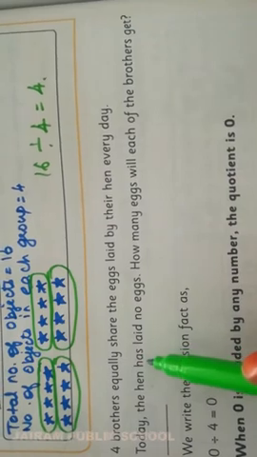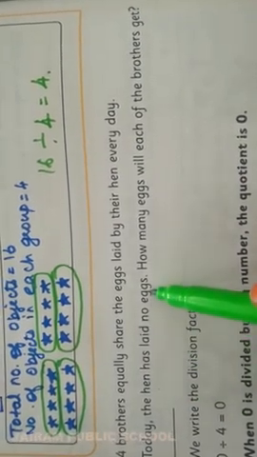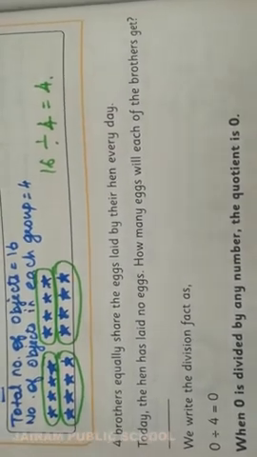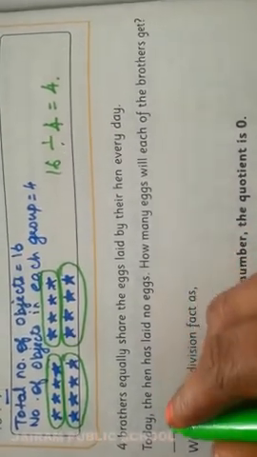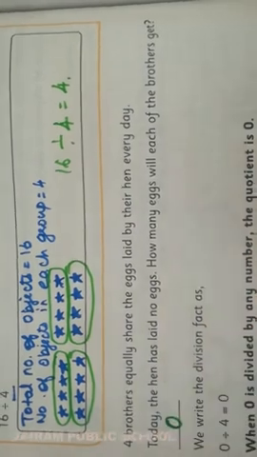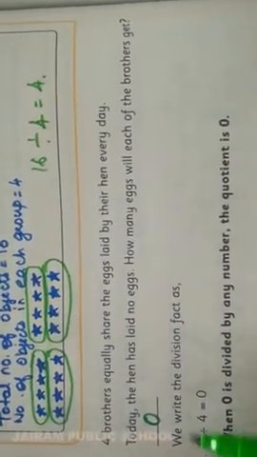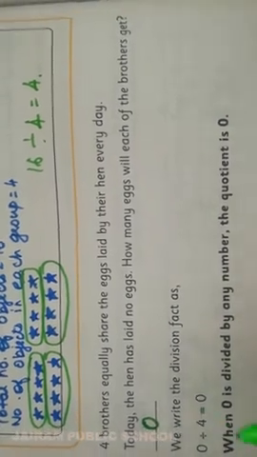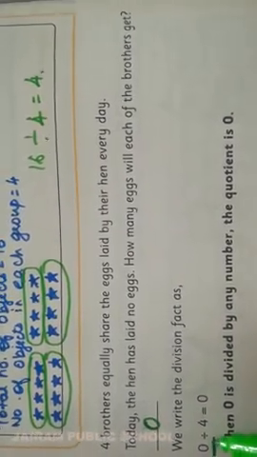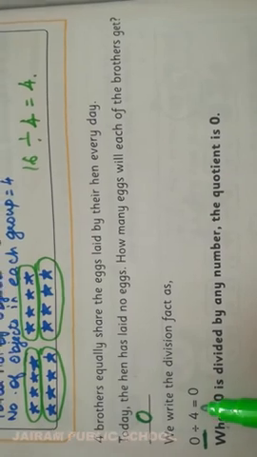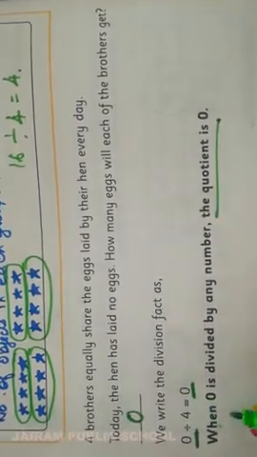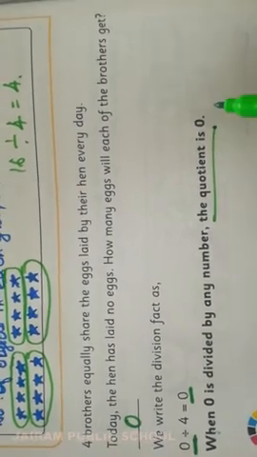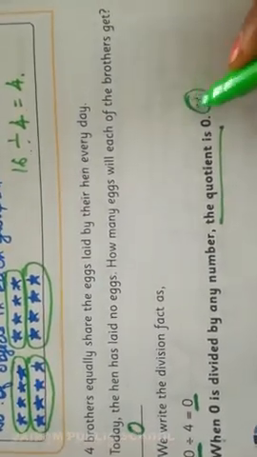If the hen has not laid eggs, they will not get any eggs. So, on that day they didn't get the eggs. So, we have to put number 0. Then, we write the division fact: total number of eggs is equal to 0. So, 0 divided by 4 equal to 0. If 0 is divided by any number, we will get the quotient as 0. It will be important.